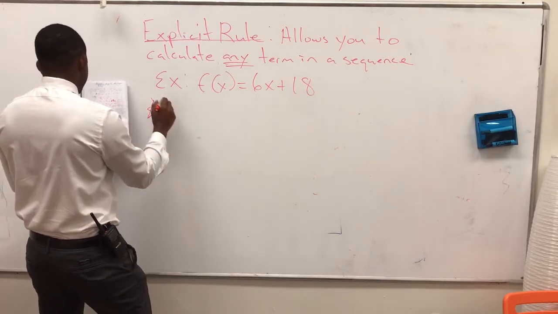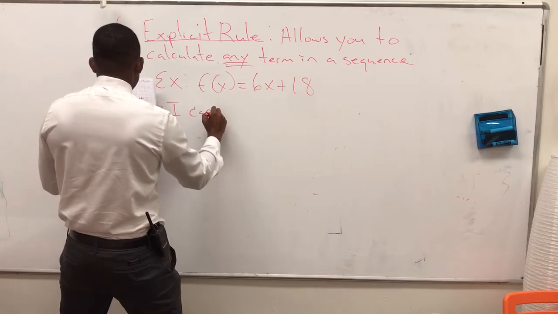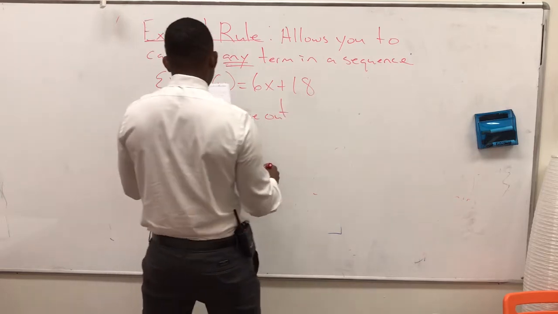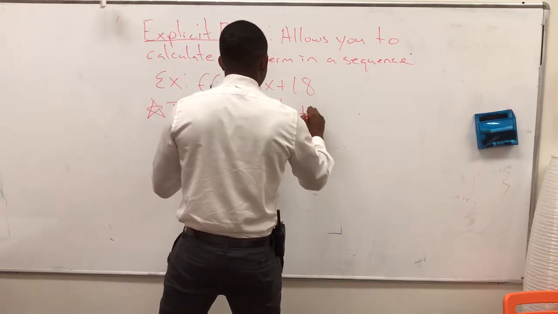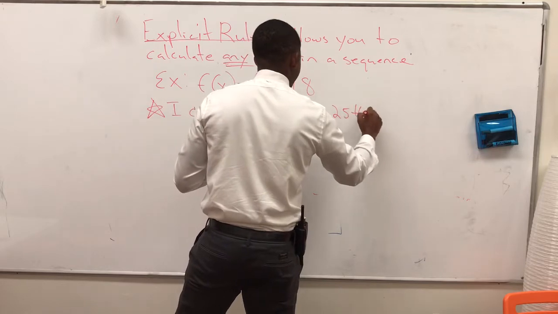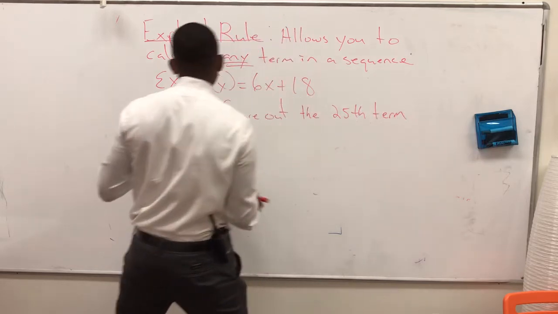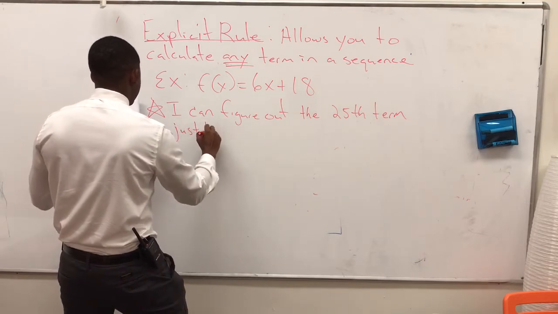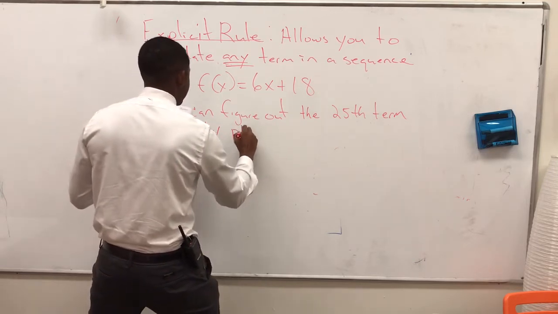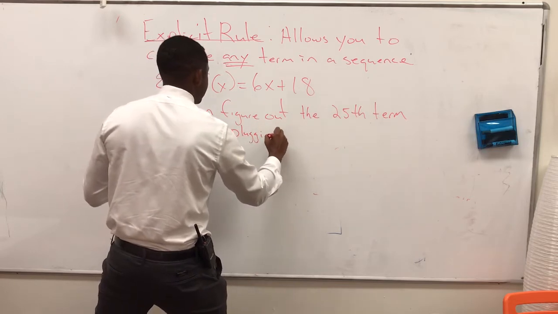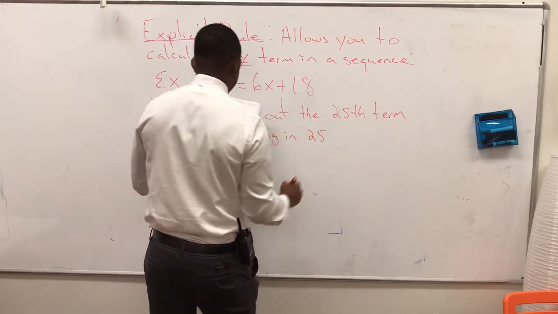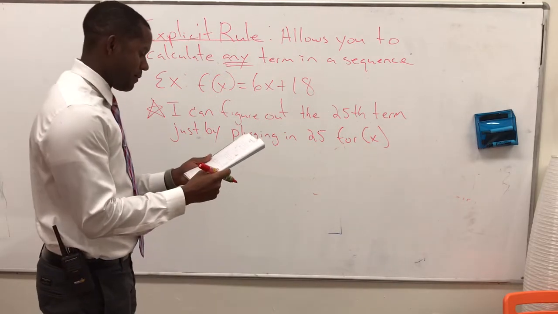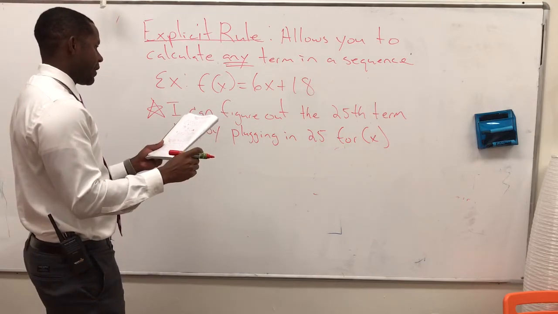So we're going to put this star here: I can figure out the 25th term just by plugging in 25 for x. That makes it explicit, okay?